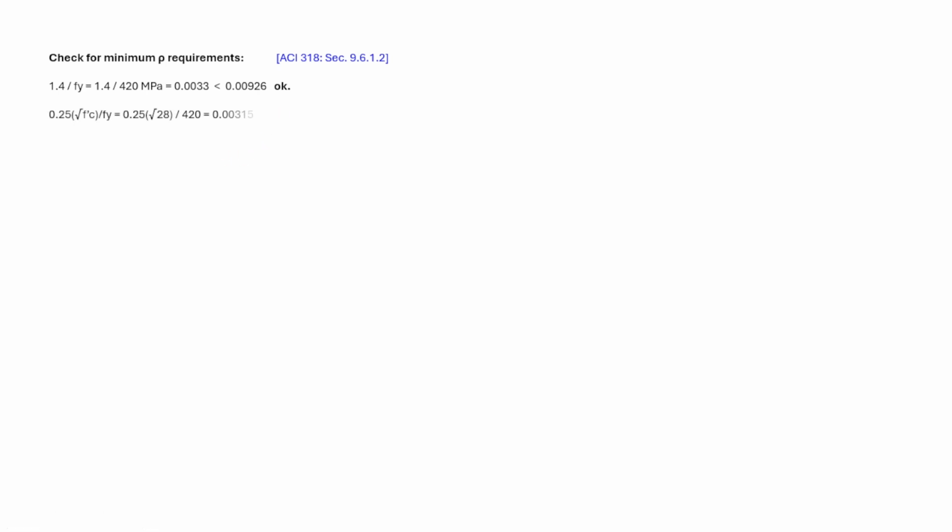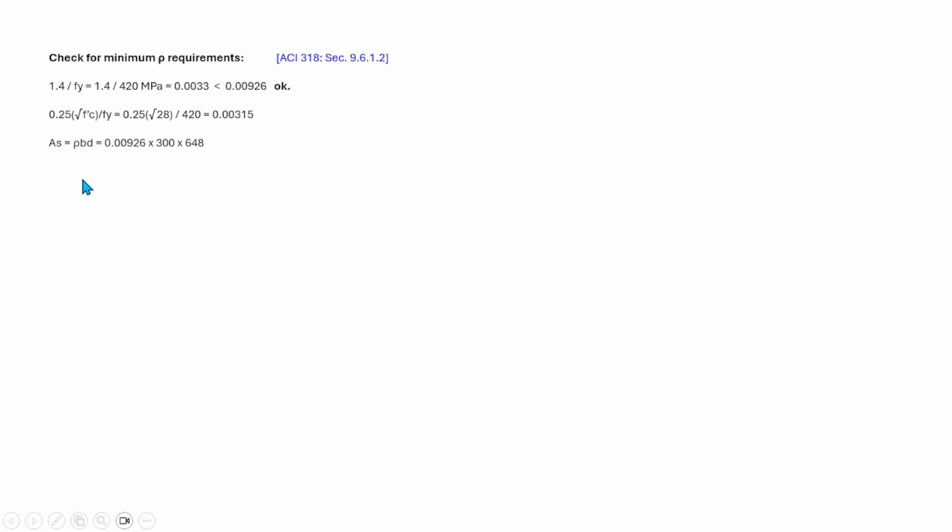There's another provision, which is 0.25 times the square root of fc' over fy, and that is equal to 0.25 times the square root of 28 over 420, which is equal to 0.00315. Again, it's also less than ours. We are also above this minimum requirement.